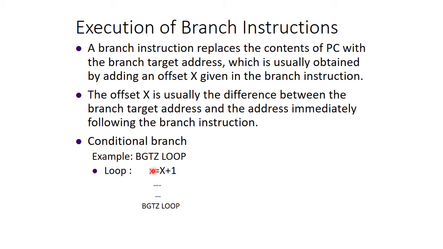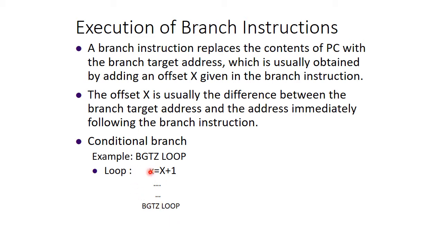In this case, the branch target address is the address of the instruction x equals x plus 1, and that should be added with the current program counter content. The current program counter content will be the address following the branch instruction, like branch greater than 0 loop. That is done by taking the difference between the branch target address location and the current program counter content. That is taken as the offset, for determining whether it should be added to or subtracted from the program counter content.